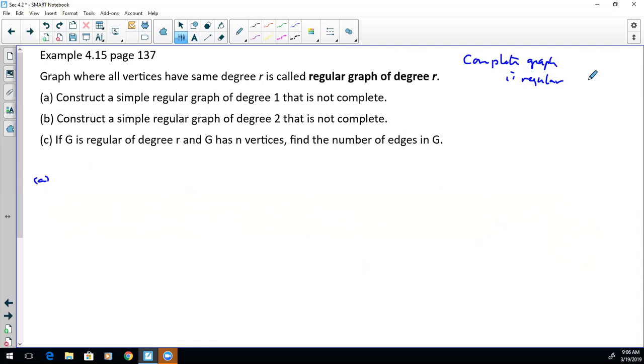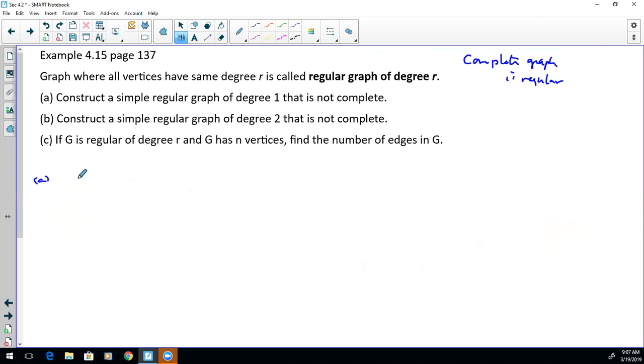So if you have n number of vertices, then the degree of every single vertex is going to be n minus 1, because it's going to be connected to all the other ones. But what we're looking at here is, let's construct a simple regular graph of degree 1 that's not complete. So I don't want a complete graph, which is simple and regular.